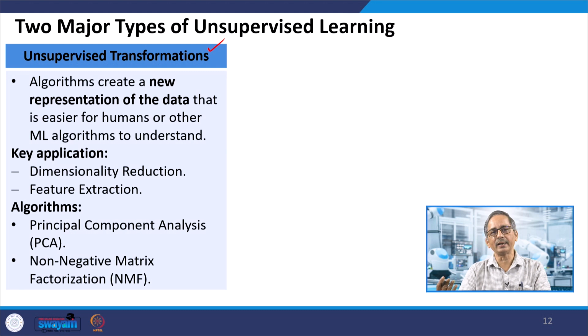Whatever data is there, a new representation is created out of that, and with that new representation it is easier for the user, or other ML algorithms, to understand. What are the key applications? Key applications are dimensionality reduction or feature extraction. If from a given data we want to extract some features, that is the application. Some of the popular algorithms are principal component analysis and non-negative matrix factorization.